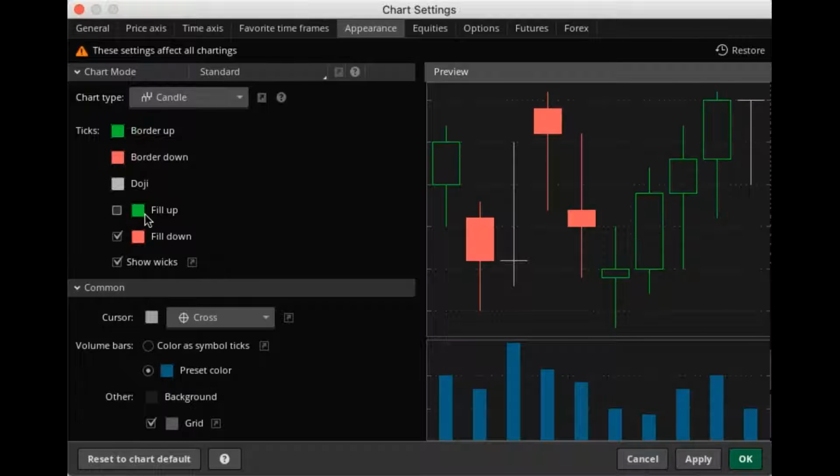Unclick that, and then it won't be filled. Should I uncheck both of them? No, the filled down is supposed to be checked.